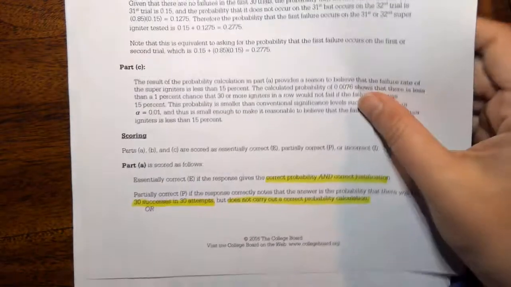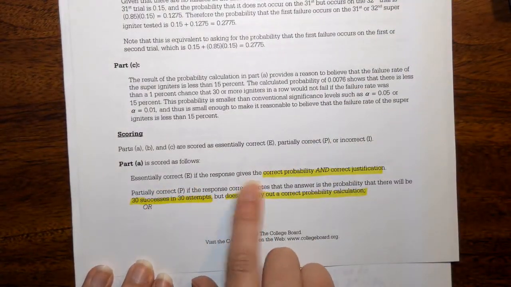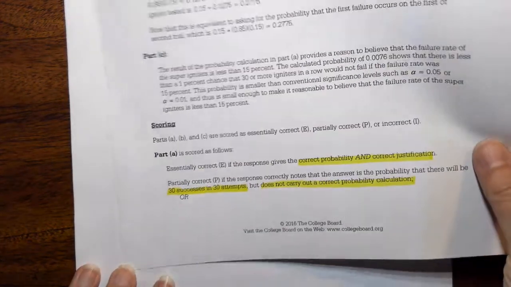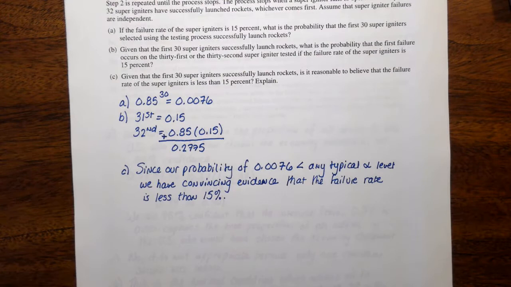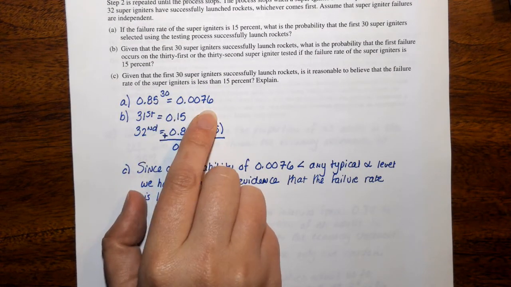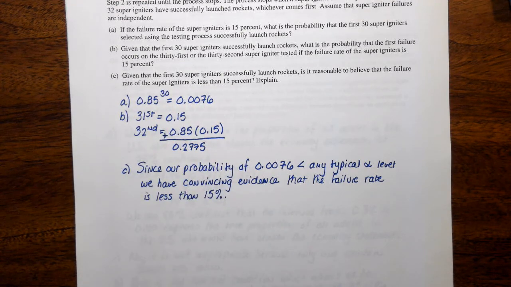Okay, part A is scored as follows: correct probability and correct justification. So I have work, answer, correct probability, correct justification.